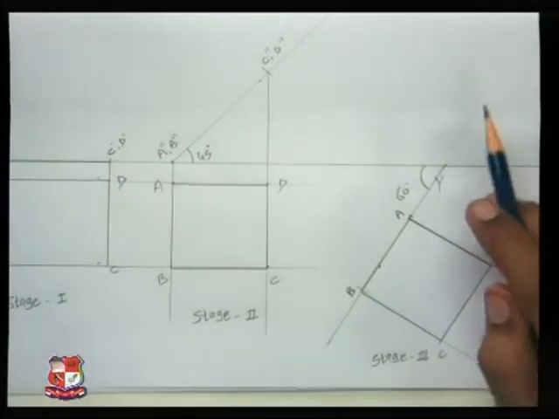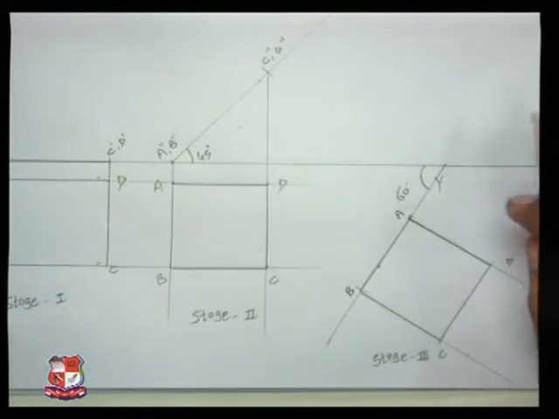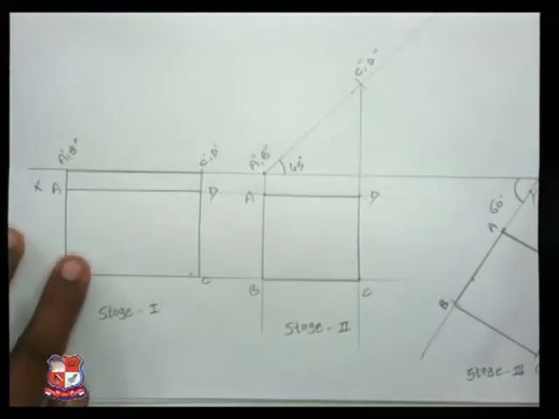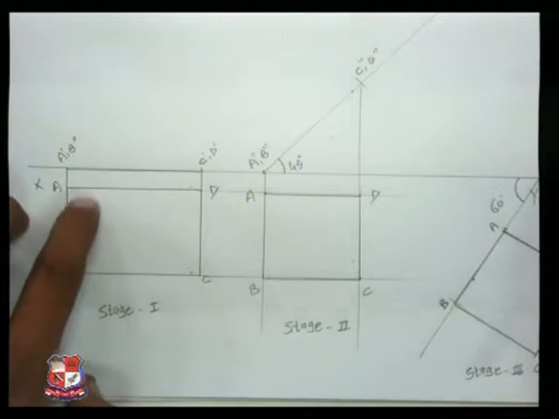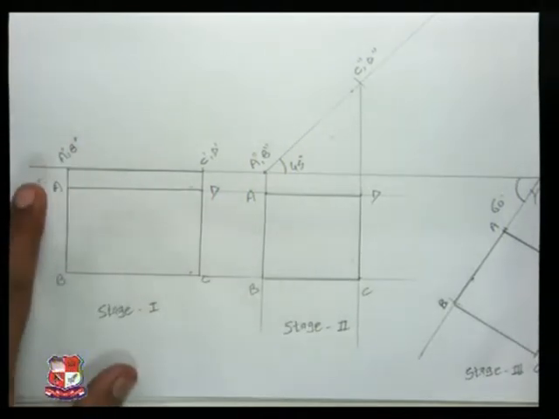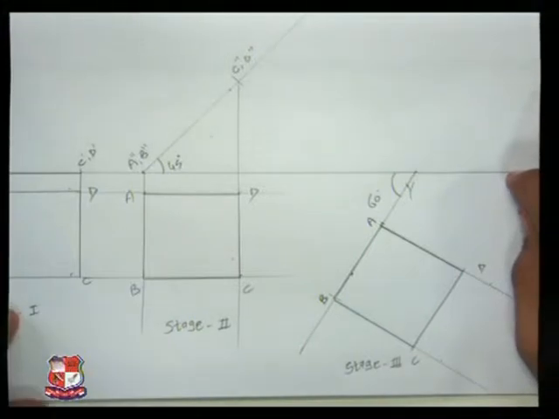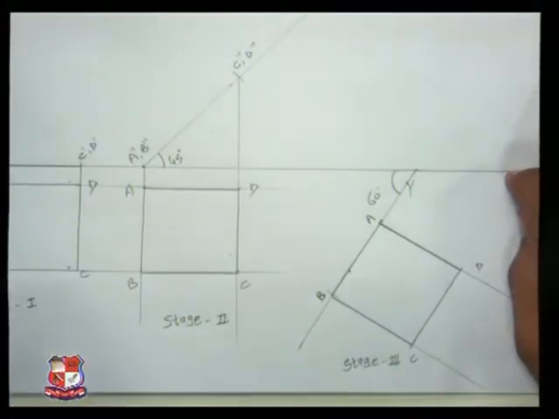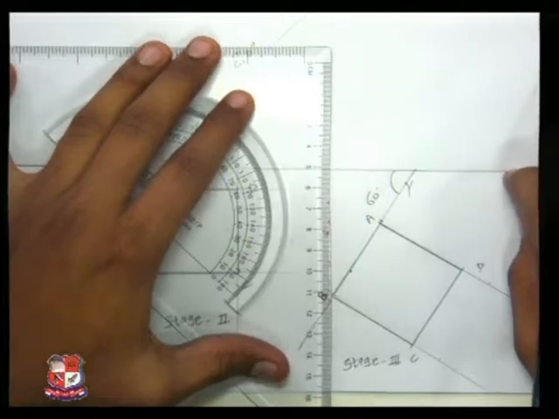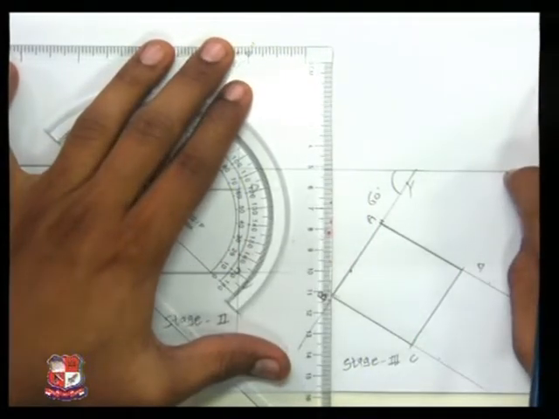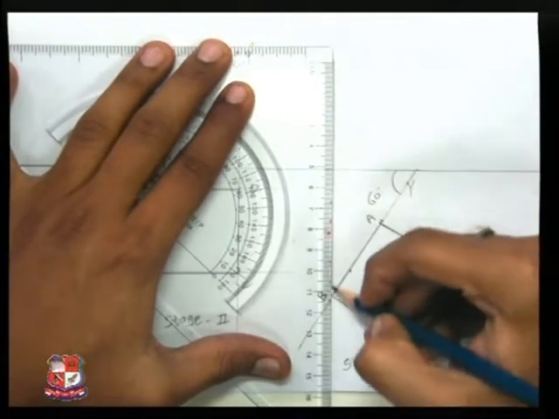So what we are going to do, again like stage 1, is take projections vertically towards the XY line. Over here I am going to extend the projections perpendicularly to the XY line.